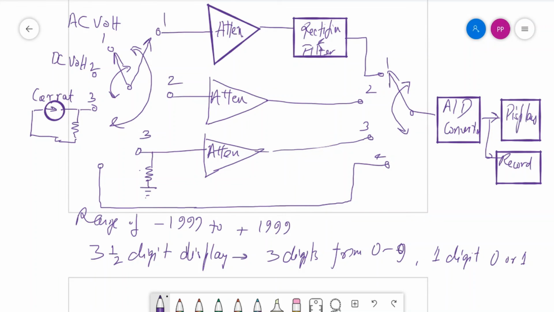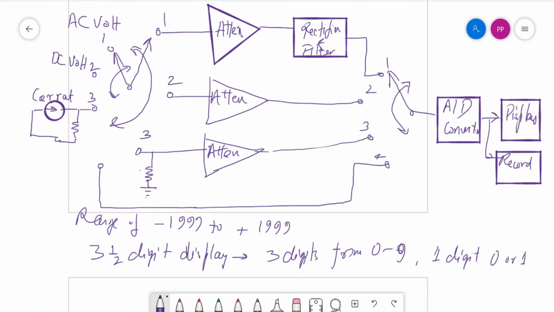So if the construction and working of a digital multimeter is asked in the exam, you can draw this circuit and explain the basic concept. Again, depending upon the marks, whether it is a 3 marks problem or a 10 marks problem, you have to explain the parts separately. If it is bearing more marks, then you should explain the measurement of voltage, AC and DC, then current, as well as resistance measurement in detail.